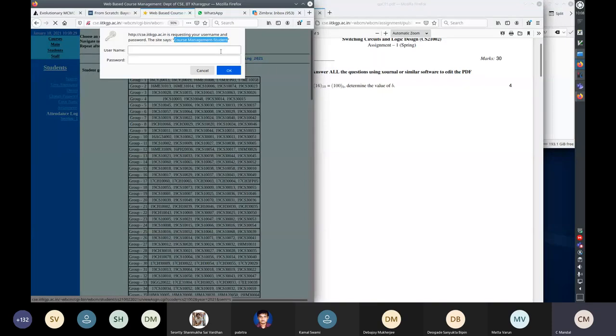So if you find that your login is not working, it is more likely that you are trying to log in to some other domain, which is not course management student. So just check that. Please check that your login is working, okay? And if you have a problem, let us know, then we'll reset your password, all right?